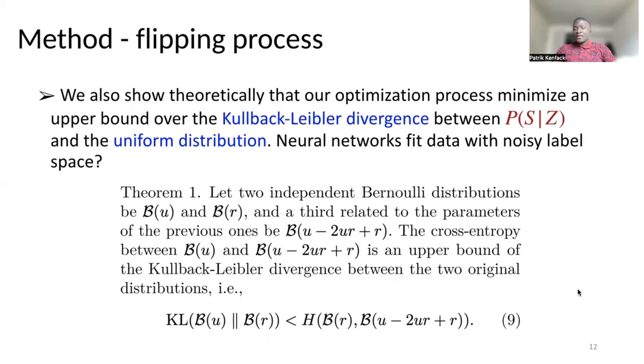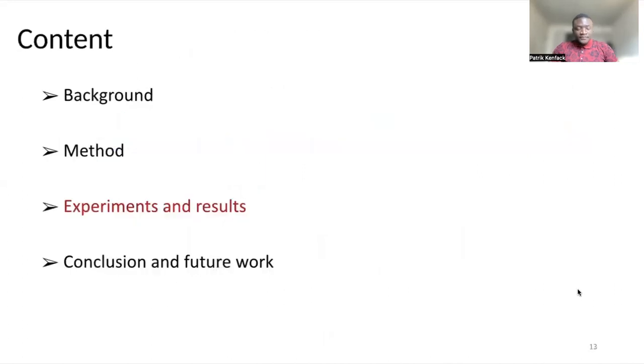Here we consider not a general case, but one where we assume that our flipping process follows a Bernoulli and our sensitive attribute also follows a Bernoulli. So the cross entropy between the ground truth and the flipped version is just an upper bound to the KL divergence. By minimizing this, we are trying to push this conditional toward the uniform distribution.